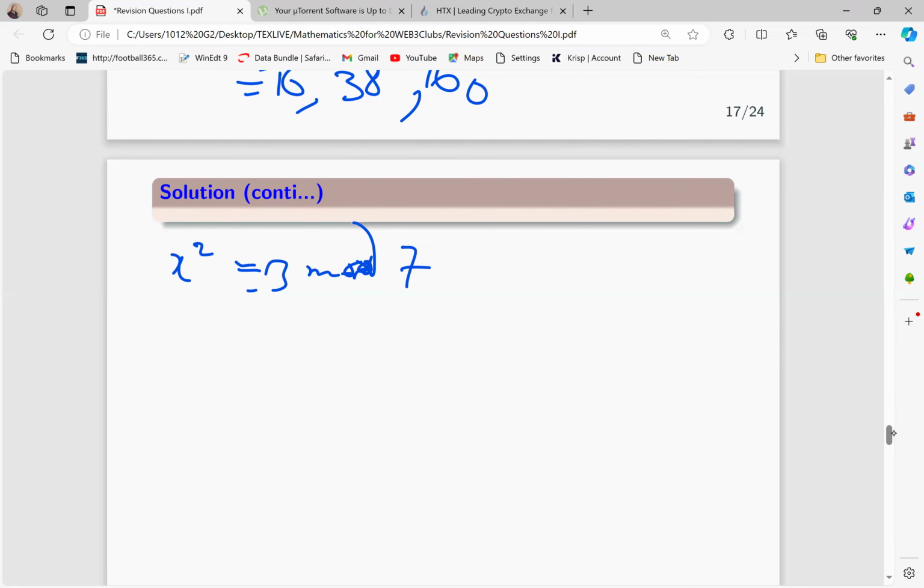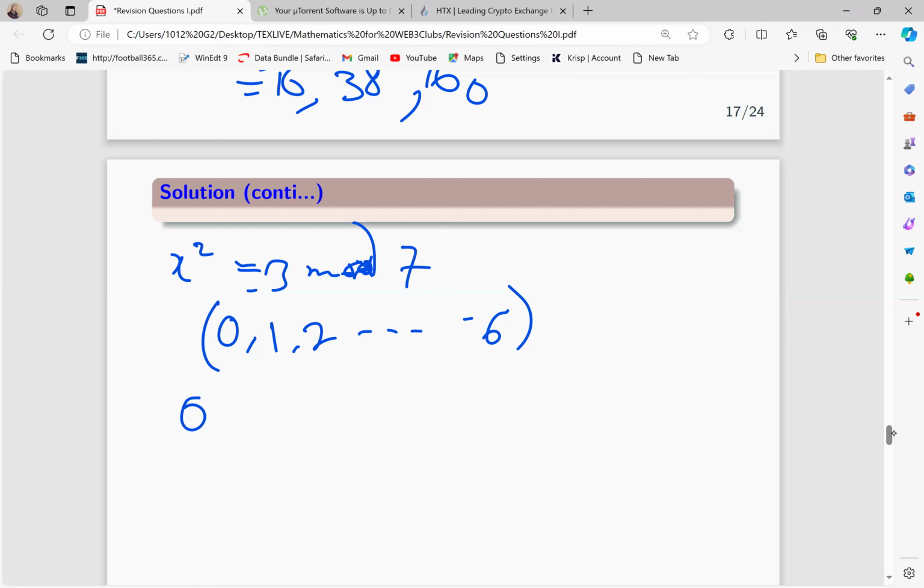Okay, we are looking at x squared, is it congruent to 3 mod 7. So we'll try from 0, 1, 2, until 6, using trial. For each x, we'll put in the value and continue until we find one congruent to 3 mod 7.